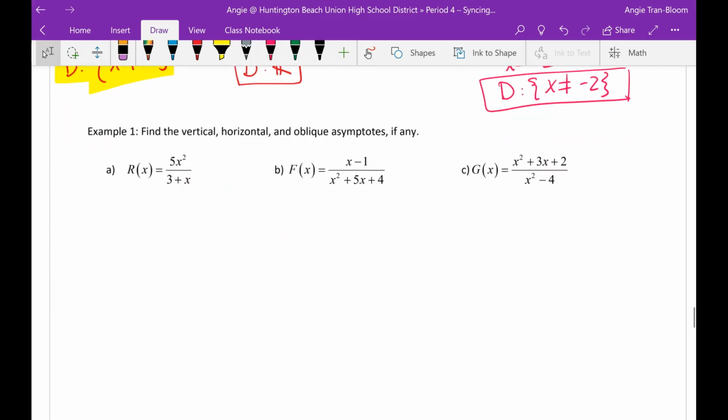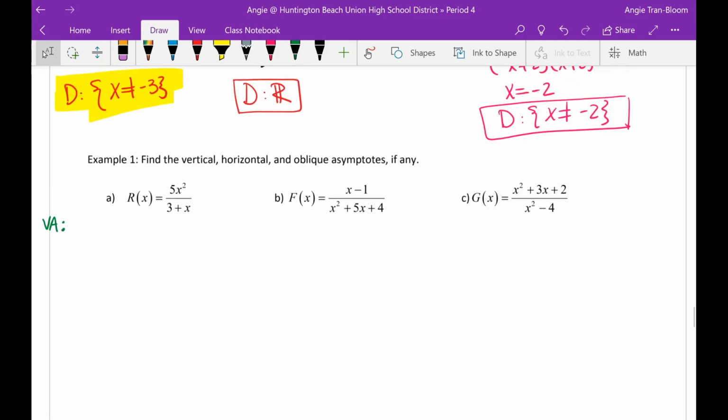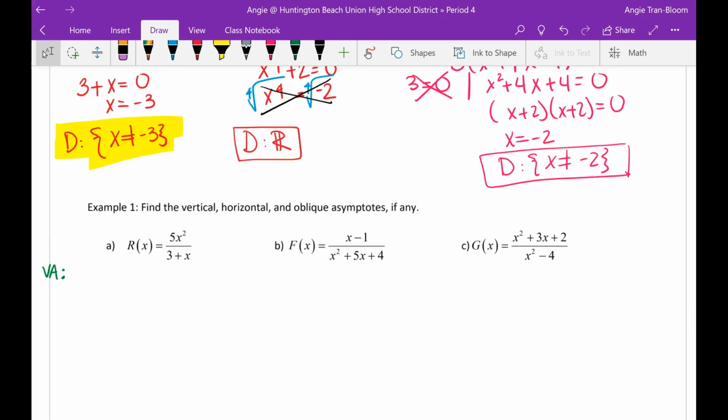Next, this is what's really new for us. New for some of us. Find the vertical, horizontal, and/or oblique asymptotes, if any. So the first thing is we're going to try to find the vertical asymptote. The process is exactly the same as looking for the domain.